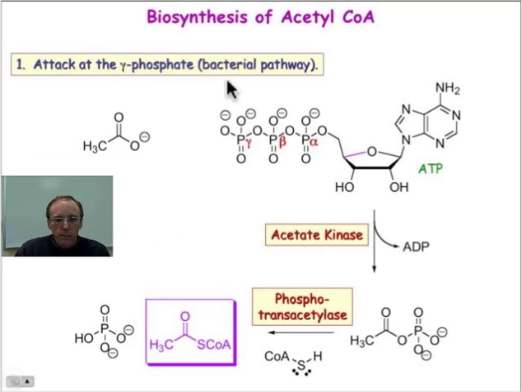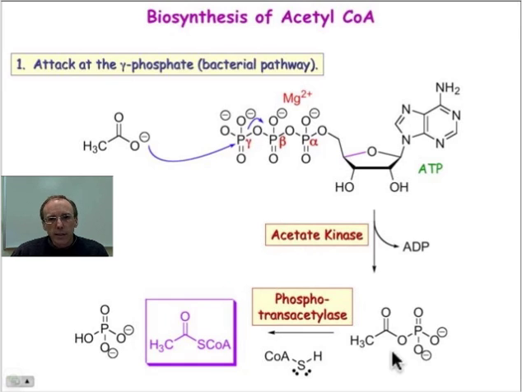In bacteria, the pathway involves attack of the acetate nucleophile on the gamma phosphorus of ATP. This is done by an enzyme that's known as acetate kinase, and ADP is the byproduct.